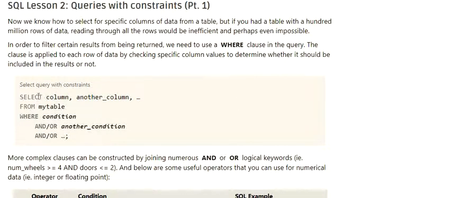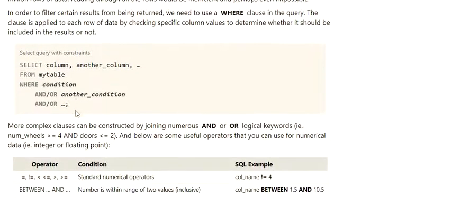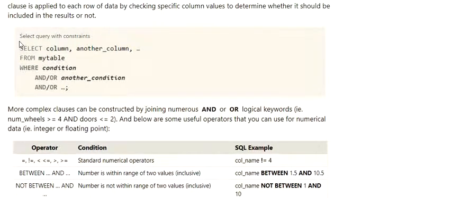So here is the basic syntax of using where. We are selecting a column and then another column from my table. My table is the name of the database table from where we are extracting the data.